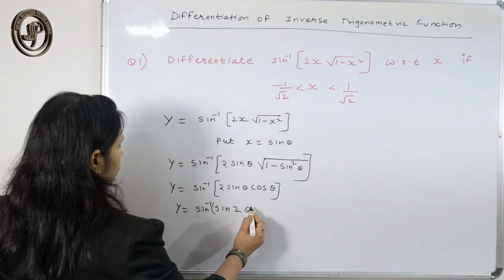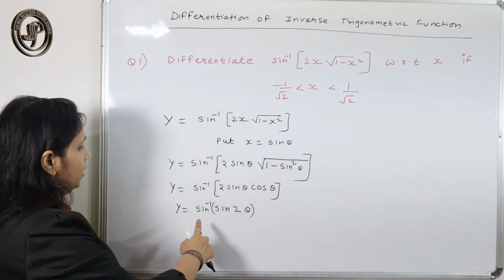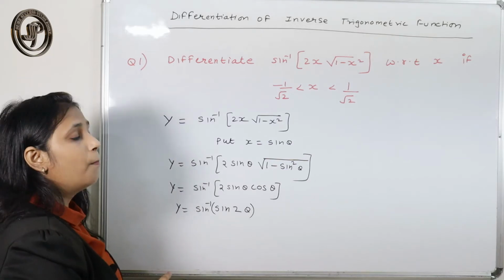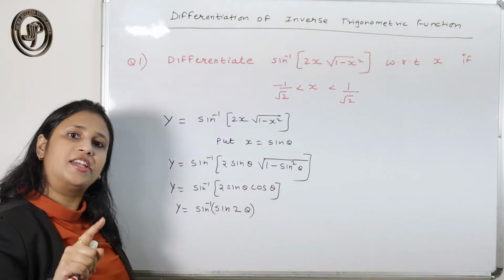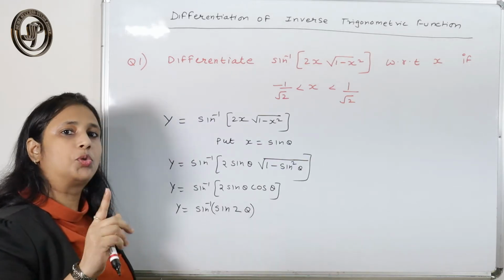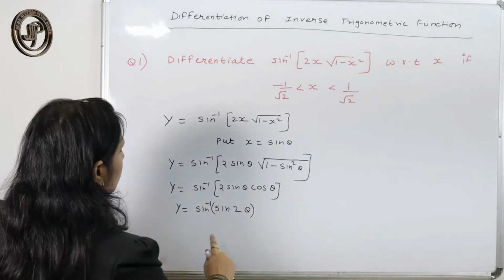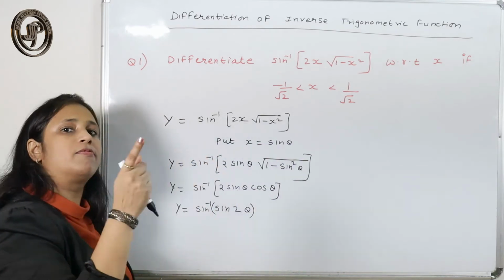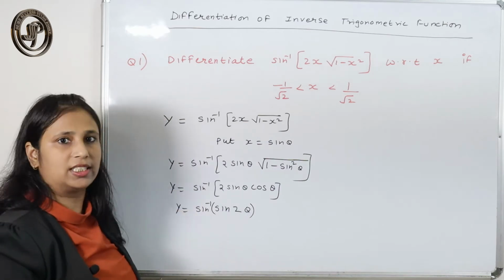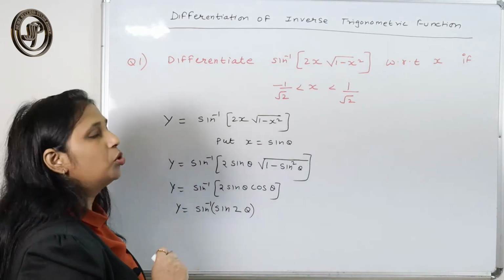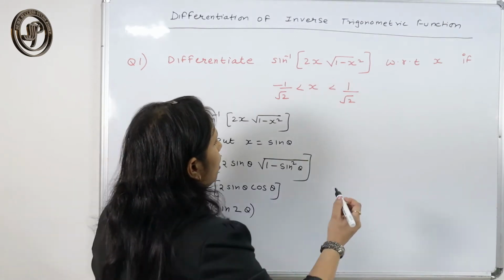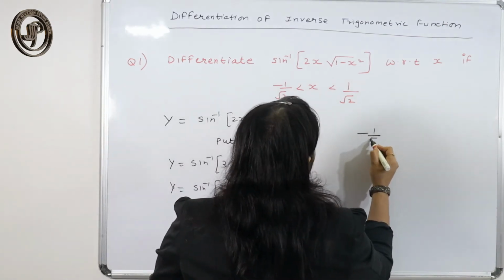Now I can cancel out this sin inverse and sin, but only when it lies between minus pi by 2 to pi by 2. So here, if 2 theta lies between minus pi by 2 to pi by 2, then only I can cut this sin inverse and sin. So here I have to check this. That is the important part of this question. So here, what is the range given?